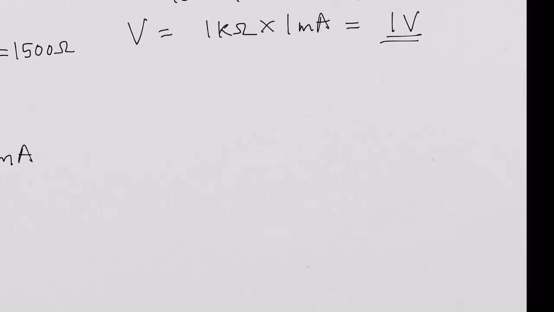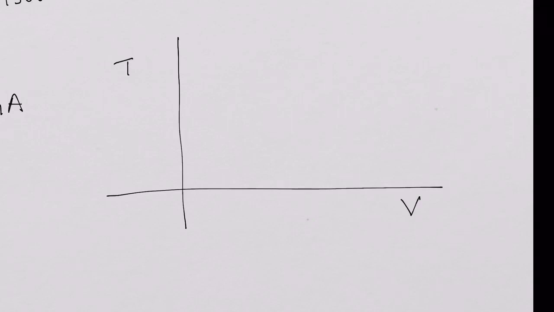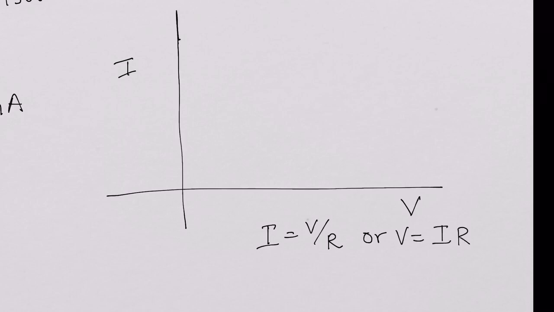So now if you look at the resistance, let's plot V, or voltage, on the x-axis, and the current on the y-axis. Now, since we know the relation of the current through the resistor, I is V over R, or V is I times R, you would always have curves like this for the resistance.